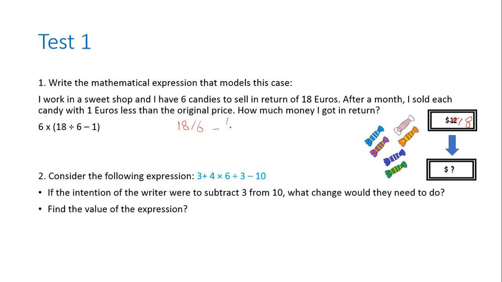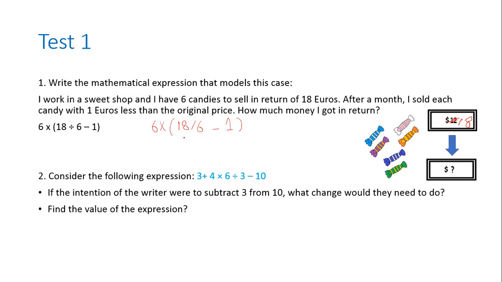It lost 1 euro. So this is the new price of the candy, which is the price I sold each candy with after 1 month has passed. Now, if this is the new price of each candy, it means that the new price of all candies is 6 multiplied by the new price of each candy.